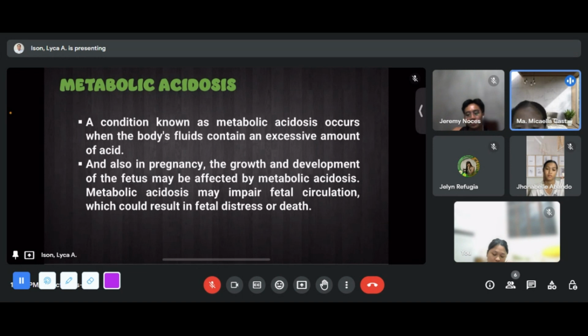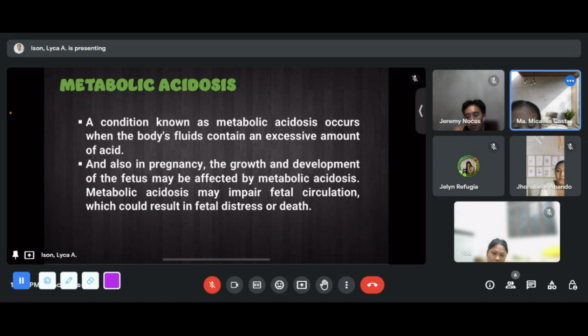Yung fetal distress or death naman, ito yung sign that the infant is not feeling well. Nangyayari ito kapag yung baby is kulang yung nakukuha niyang oxygen through placenta. Fetal distress can happen sometimes during pregnancy, ngunit mas karaniwang itong nangyayari sa panahon ng panganganak.